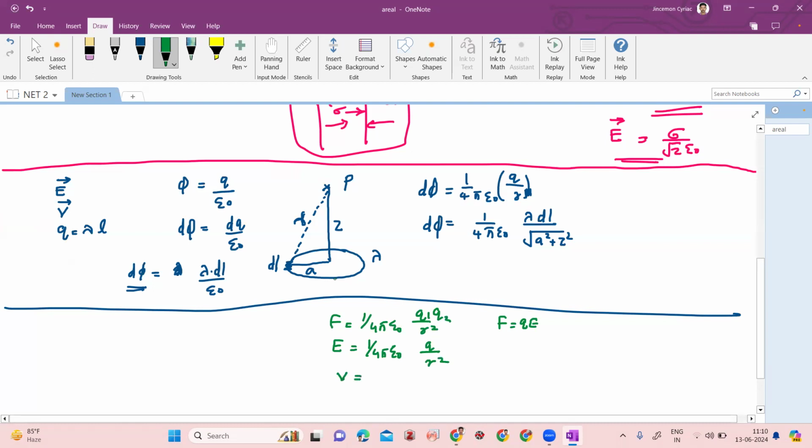And electrostatic potential V is equal to 1 by 4 pi epsilon 0 q by r. If you just take this equation, then it becomes very easy.